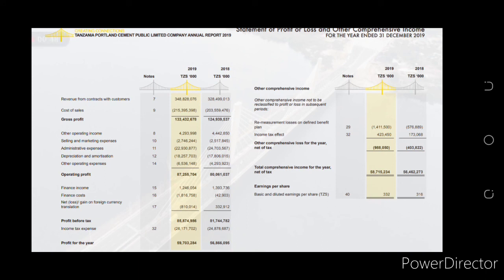And then finally there's earnings per share. Earnings per share is basically the profits of the year divided by the total number of shares in the company. The reason for earnings per share is to show investors what each and every single share they own has returned as profits.